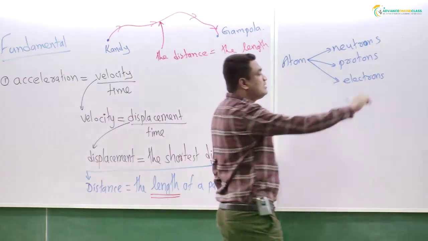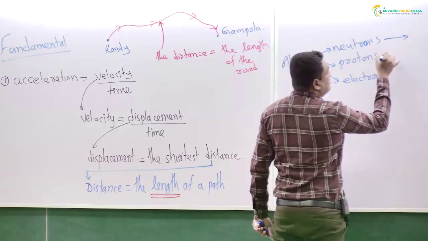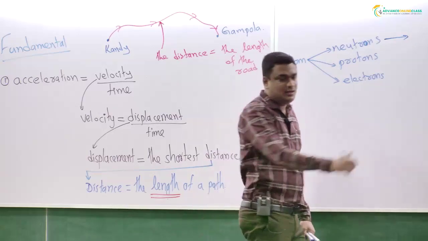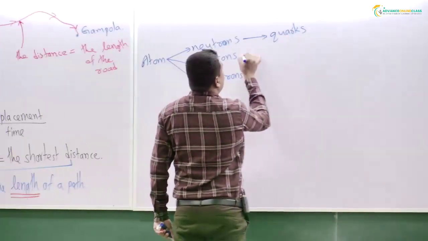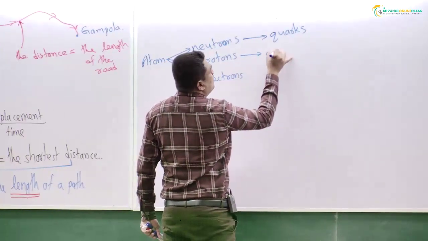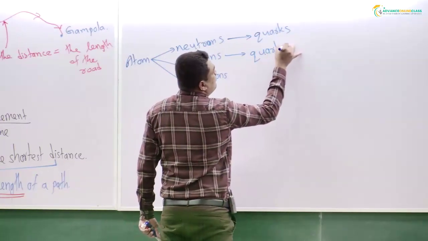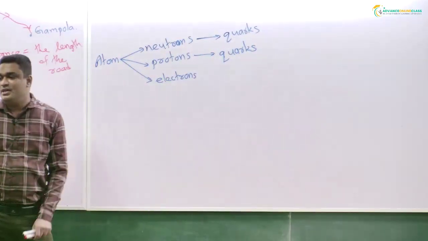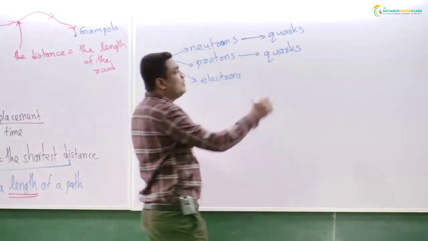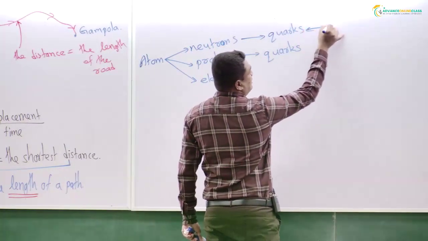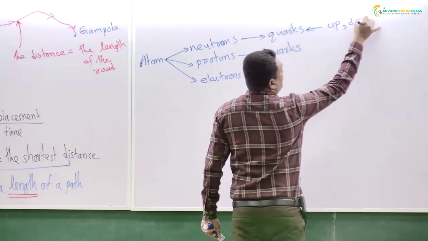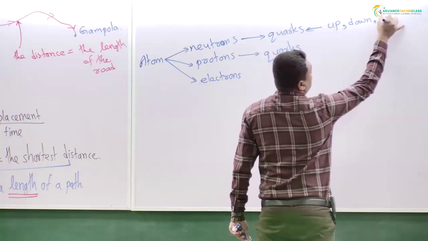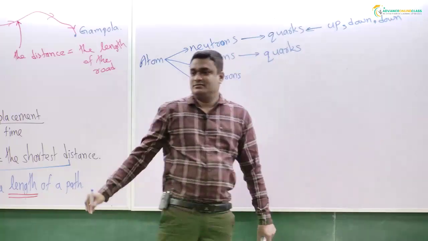If somebody asks what the things inside neutrons are, quarks. If somebody asks what the things inside protons are, quarks. So neutrons can be divided into three quarks. How many quarks? Three. What are the three quarks? Up quark, down quark, and down quark.